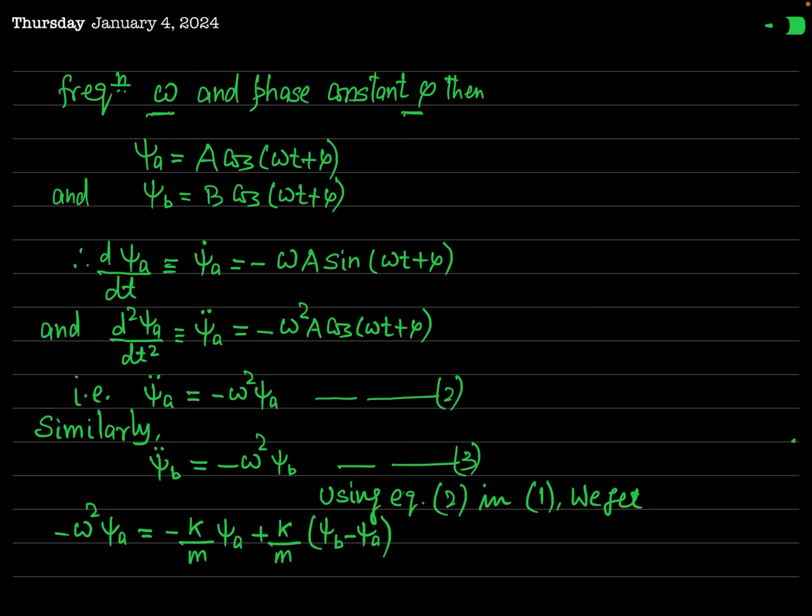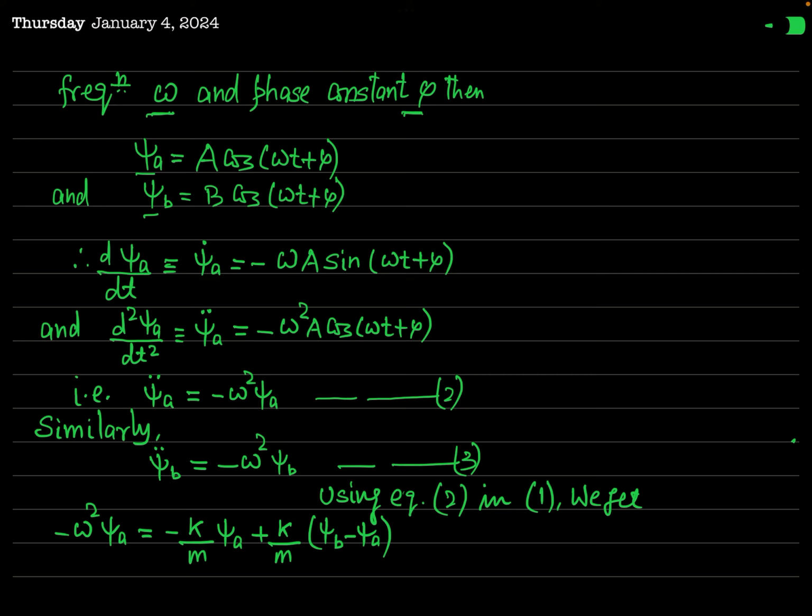Since they oscillate simple harmonically, the displacements ψA and ψB can be written in terms of the cosine function, sine function or exponential function, as you have learnt in your course on simple harmonic motion.